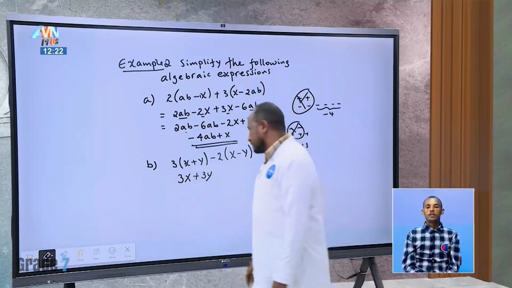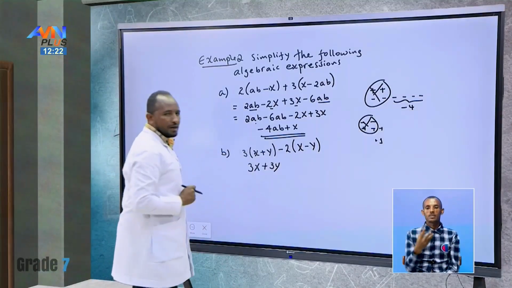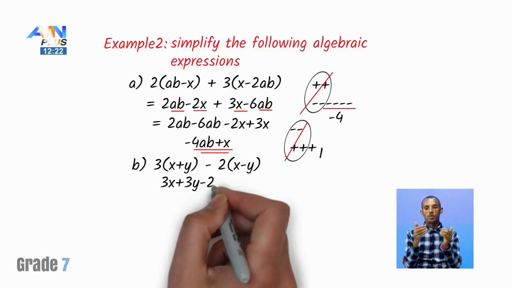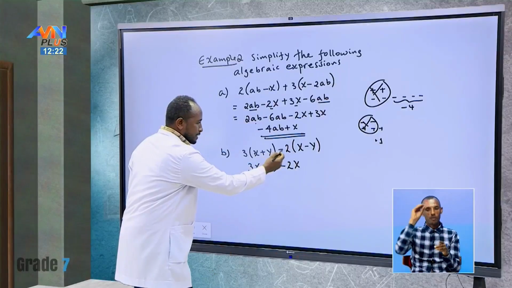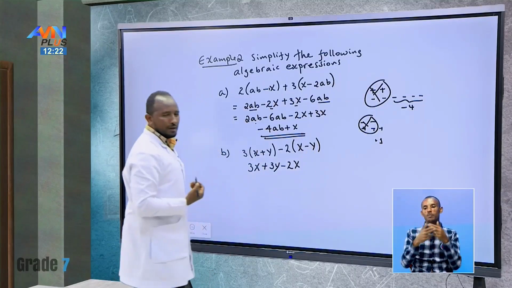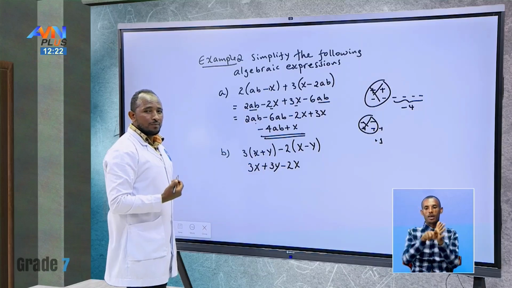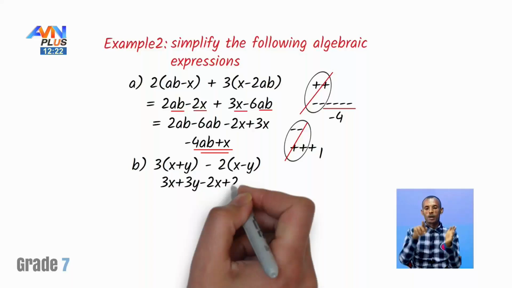Now let's multiply minus 2 times x. Don't forget this minus sign. Minus 2 times x is minus 2x. Again, don't forget this minus: minus 2 and minus y. The product of two negatives is positive. Therefore, minus 2 and minus y gives you positive 2y.